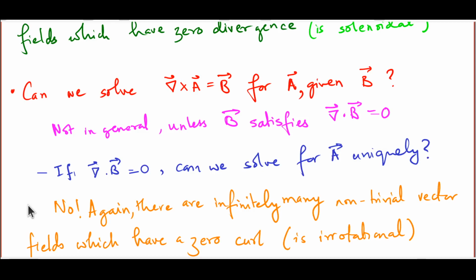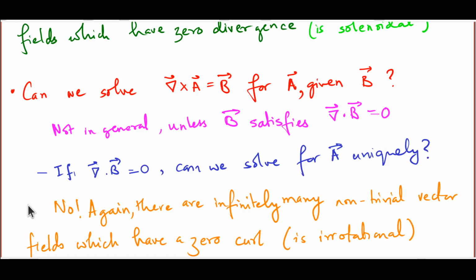So, neither the divergence nor the curl contain enough information for you to reconstruct the vector field back. It might seem that specifying both the divergence and the curl would be enough for this reconstruction.